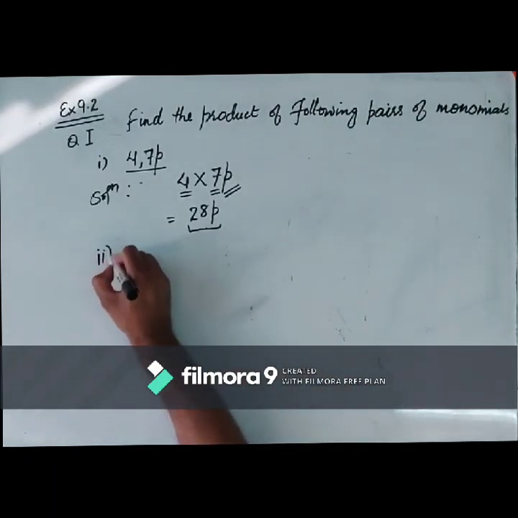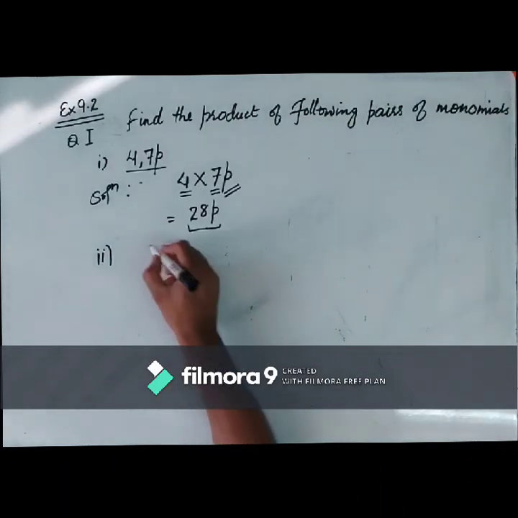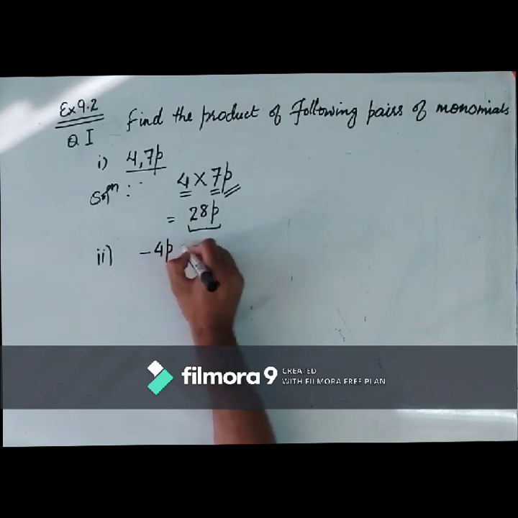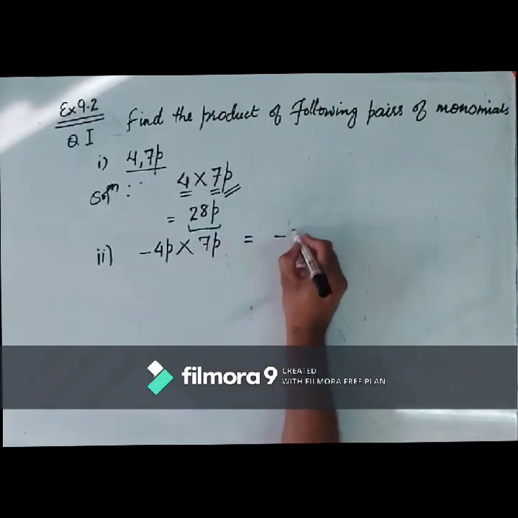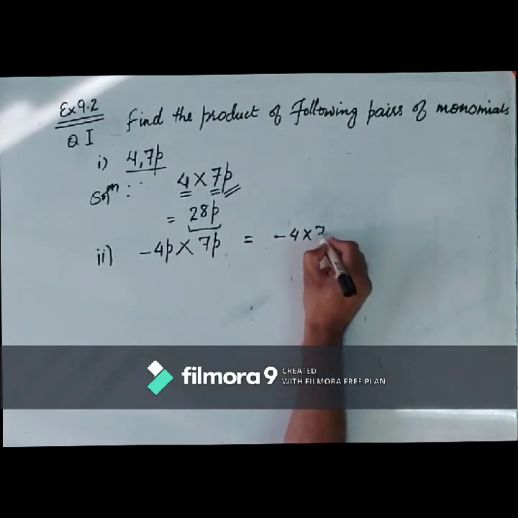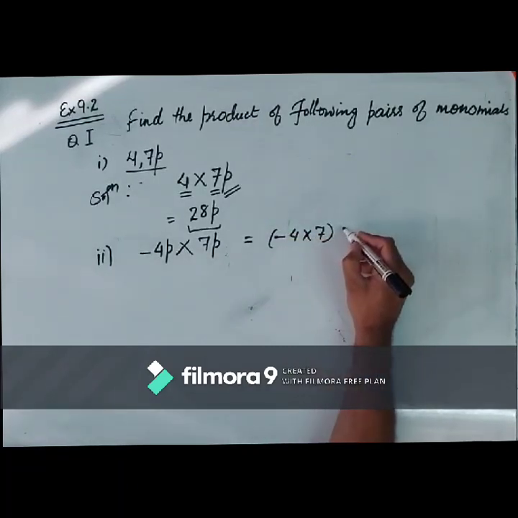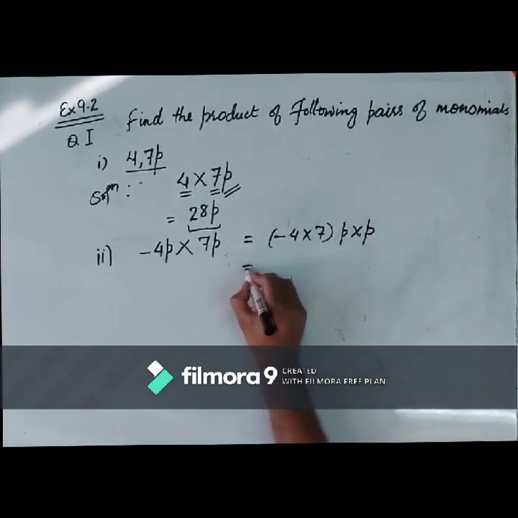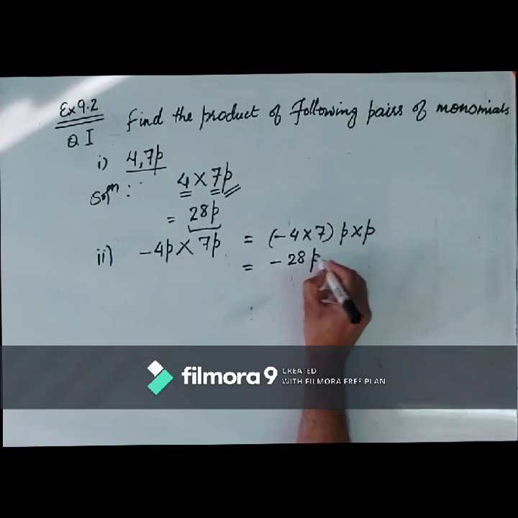The second one is minus 4p into 7p. So look, how do we do this? This is minus 4 into 7, and put this inside the bracket, then p into p we have, so this will be minus 28. p into p is p square.